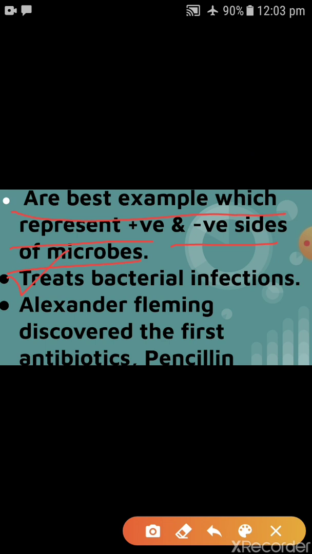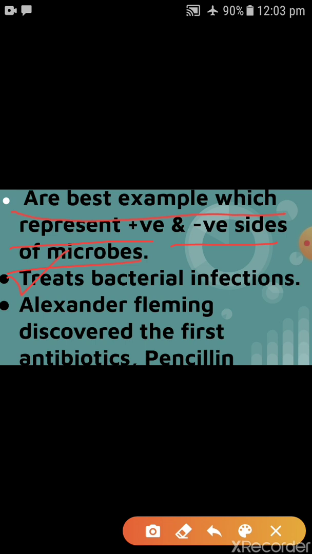Now, second point about antibiotic is it treats bacterial infections. What is the meaning of that? Antibiotics are very specific, children. For the disease caused by bacteria, it only cures those diseases. Here I am saying that it treats only bacterial infection, because if a person is facing any bacterial infection, then only doctor gives antibiotics.